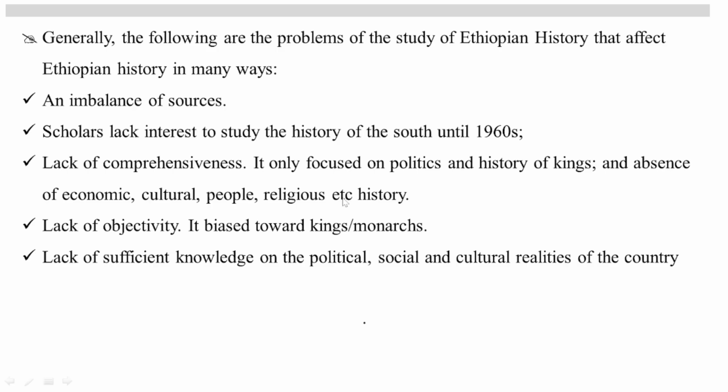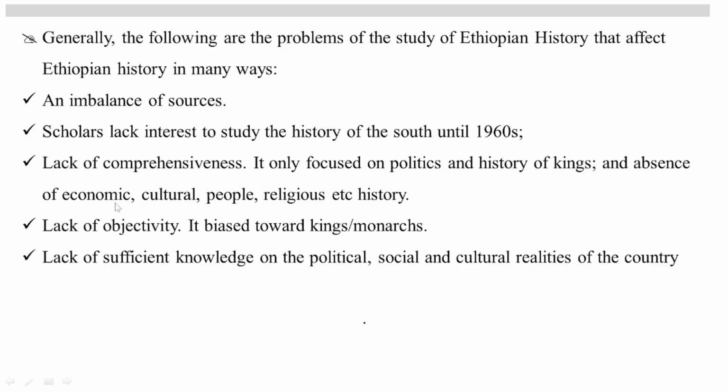Kanaaf uncomprehensive historyidha, because it focuses only on politics and the history of kings. Ignored are economic history, cultural history, history of peoples, social history, religious and others. This one is another problem.